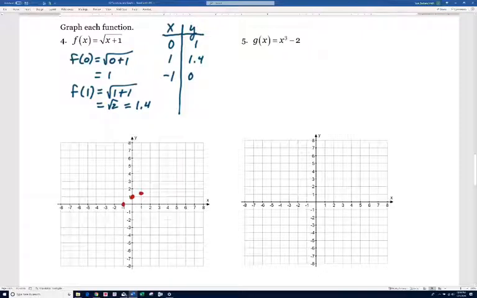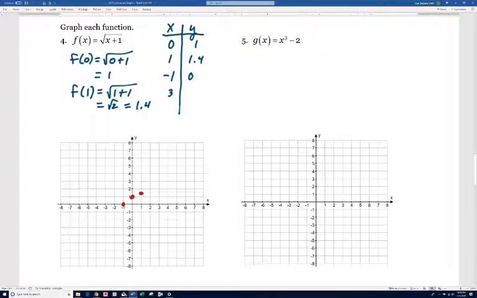So let's go back on the other side. Now I could plug in 2 and I'd get the square root of 3. We can be a little bit more careful with our choices. In fact, the square root of a nice perfect square would be better. Like the square root of 4 would be nice, and that would happen if I put in x equals 3.